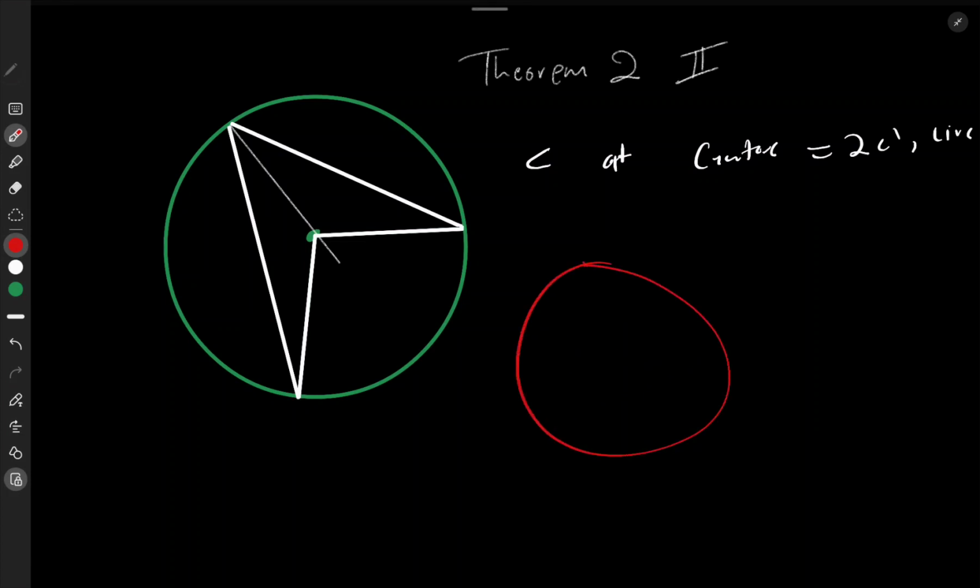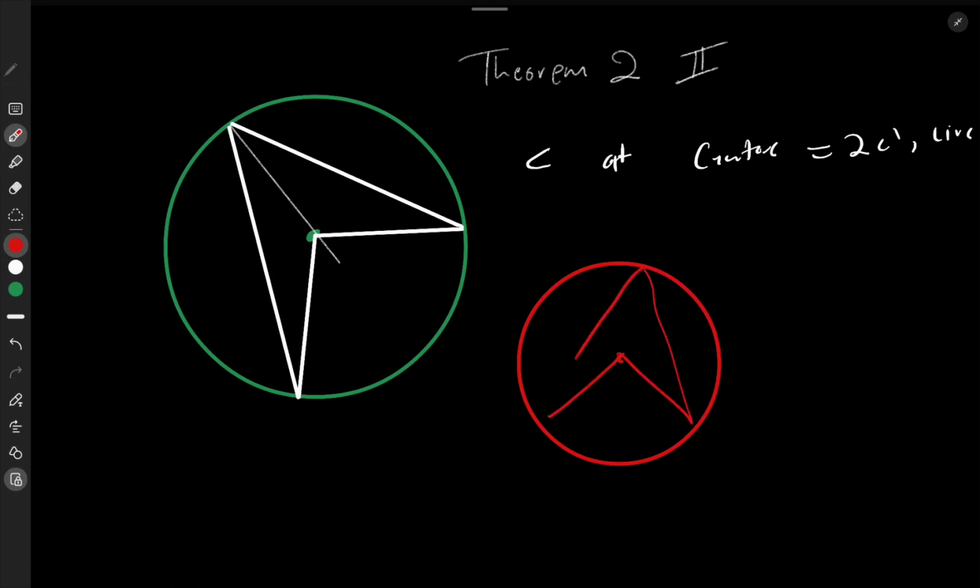Maybe there is another one. I'll just draw the one that I have on screen. This is the easiest one. They're saying the angle here is always twice the angle here. So if this one is x, this is going to be 2x. That's theorem 2: the angle in the center is equal to 2 times the angle in the circumference.